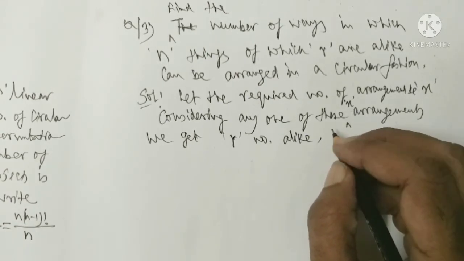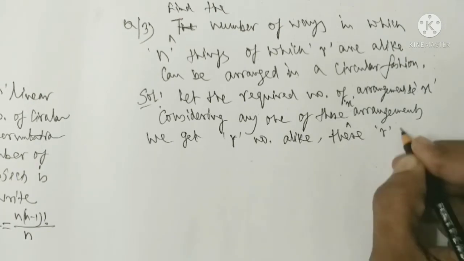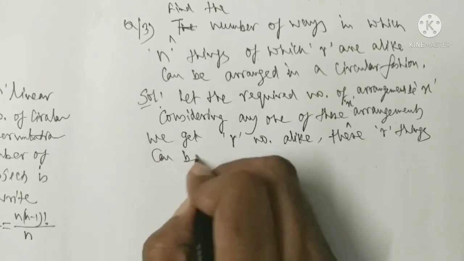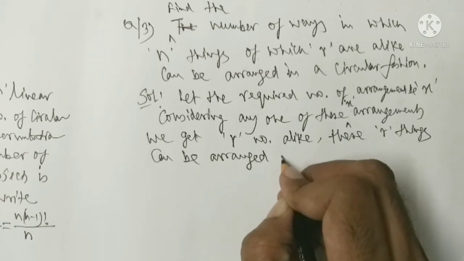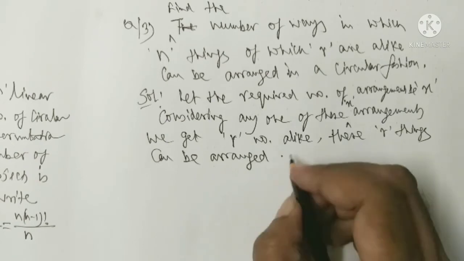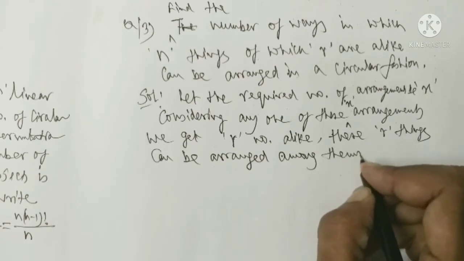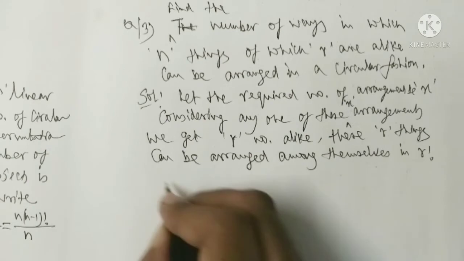These r things can be arranged among themselves in r factorial ways.